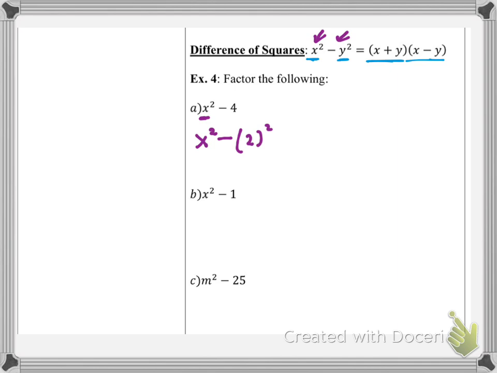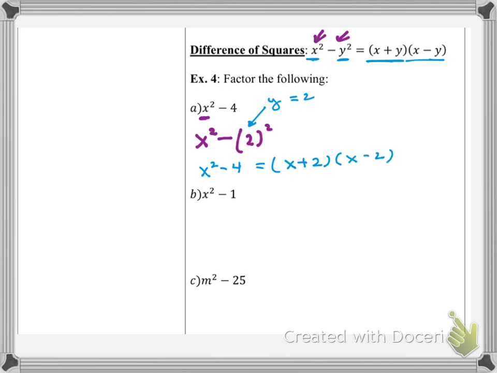So now you can clearly see that this is representing my y, that y squared in the formula. And so y in this case is going to be 2, right? So our answer in terms of factoring x squared minus 4 is going to be the quantity x plus 2 times the quantity x minus 2.